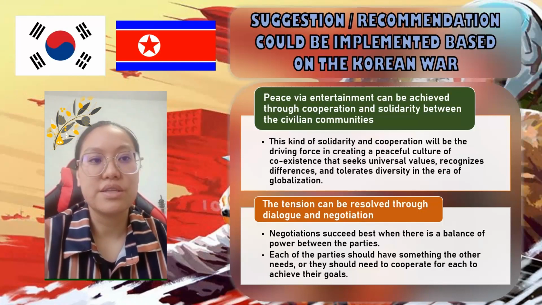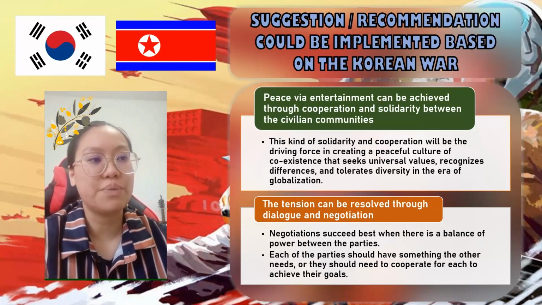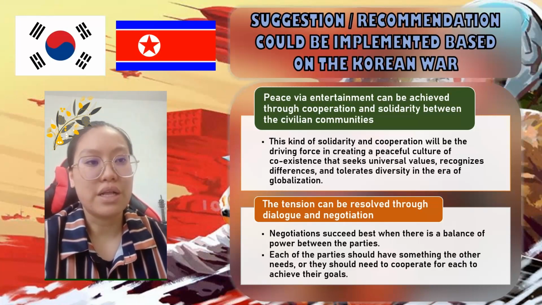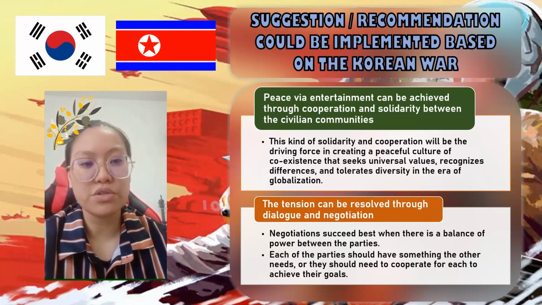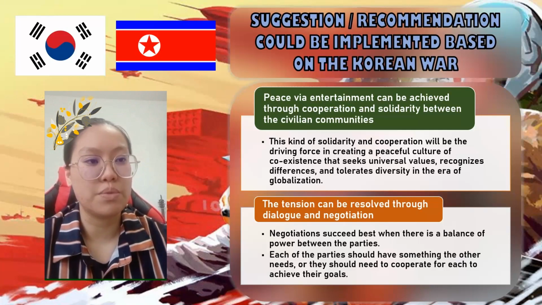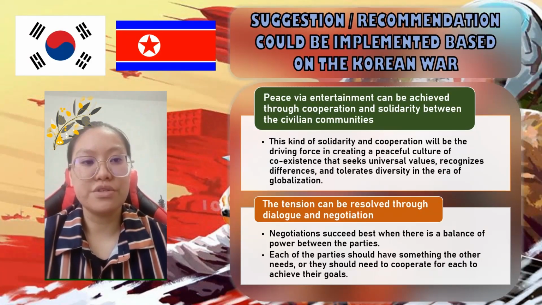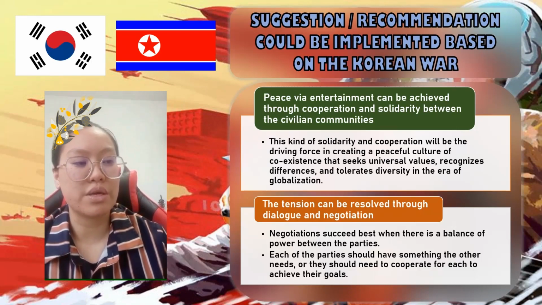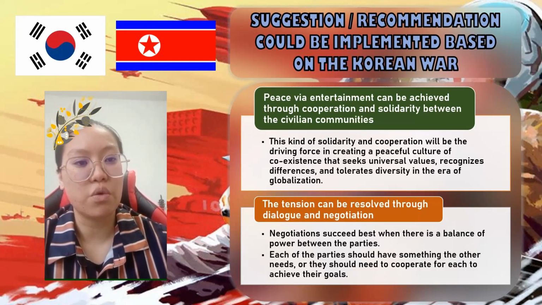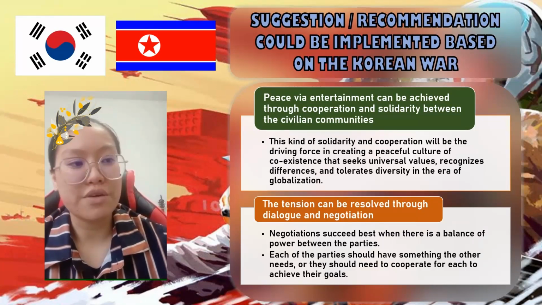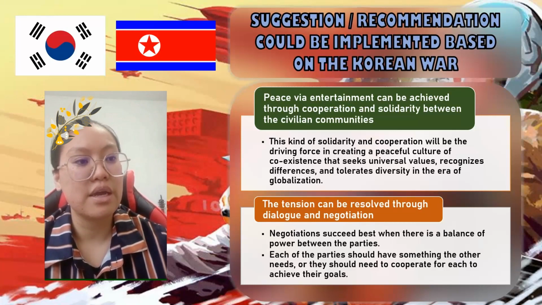Last but not least, the tension between South Korea and North Korea can be resolved through dialogue and negotiation. Dialogue between South Korea and North Korea is important to increase the clarity of the problem. When facing a conflict or crisis situation, the first step should be to assess whether to attempt to resolve the confrontation or whether to make a dignified withdrawal. The safety and security of the civilians and the country should be prioritized first.